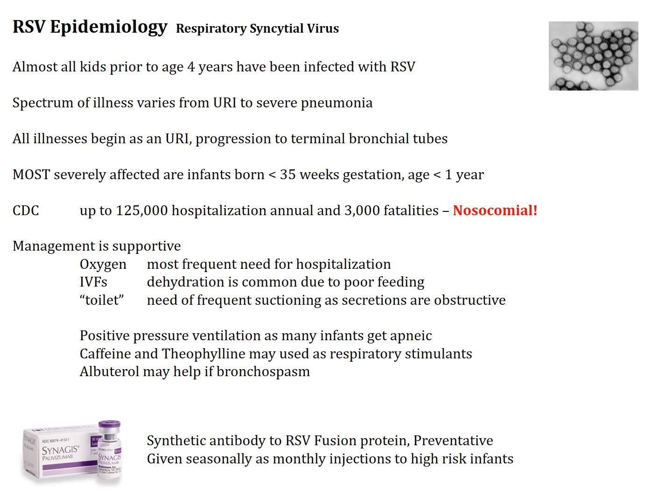Synagis, indicated for infants under the age of 1, particularly high-risk infants, preterm infants, infants with underlying chronic pulmonary or neurologic disease, may get injections of Synagis once a month over the course of the winter. Synagis is an antibody to one of the fusion proteins of RSV.